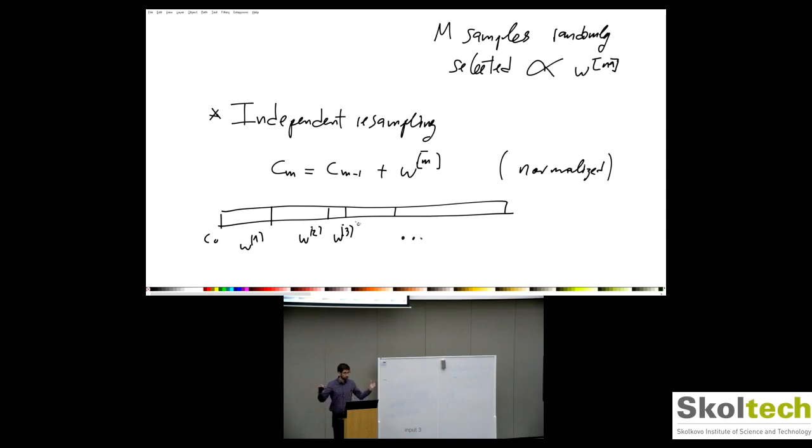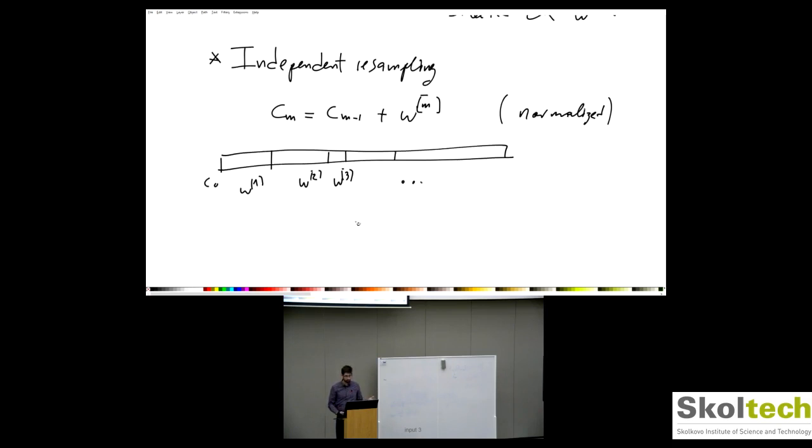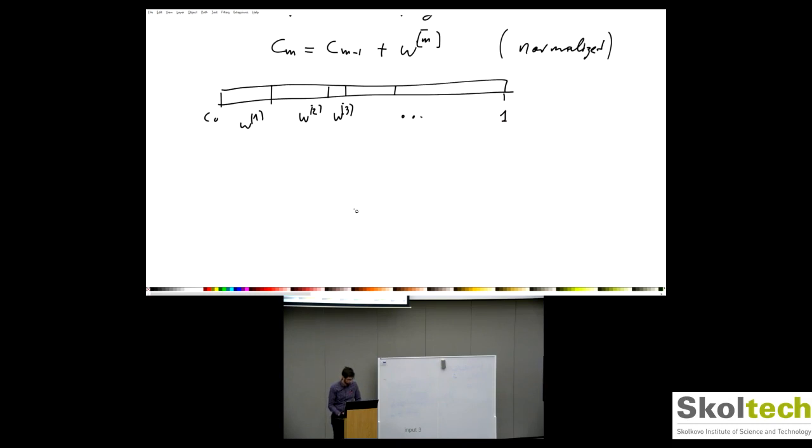So we have this cumulative distribution on our particles. And what are we going to do? Just independently sample from this distribution.